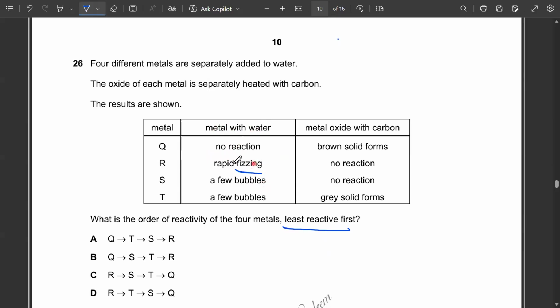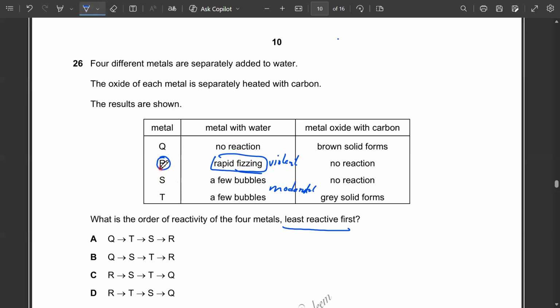Bubbles and fizzing indicate the intensity of the reaction. If it is a fizzing reaction, it means there will be a violent, very fast reaction. Few bubbles would mean it is moderately reactive. So a violent reaction means metal R is the strongly reactive metal.